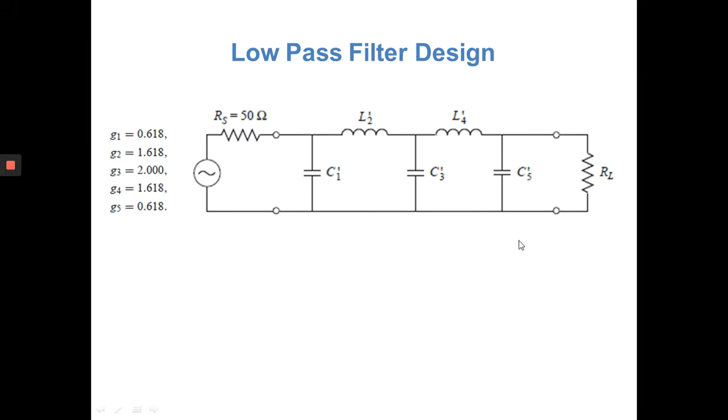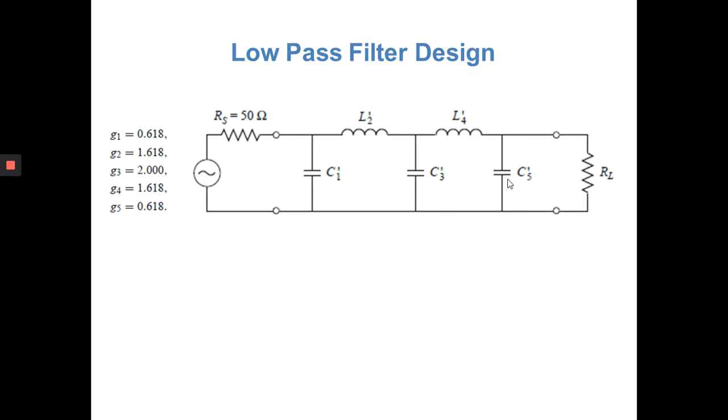So from here, you're familiar with this: this is actually G1, and this is G2, G3, this is G4, and this is G5. Now to do so, we need two different steps. One is we need to learn about the Richards transformation first, and then we're going to learn about the Kuroda identities.